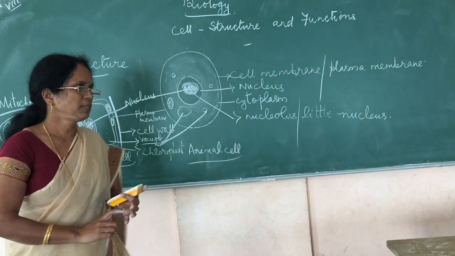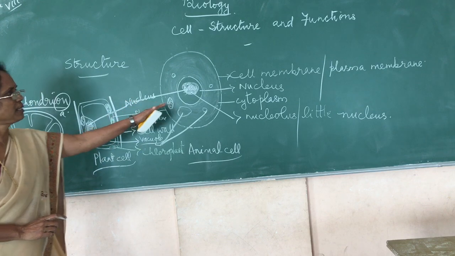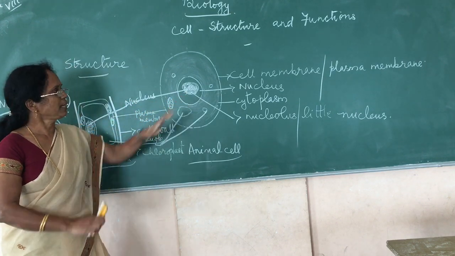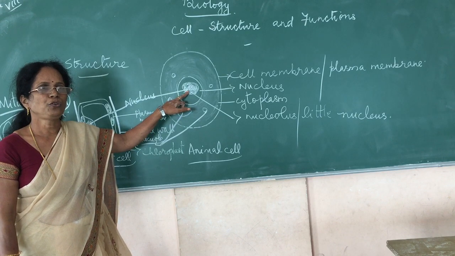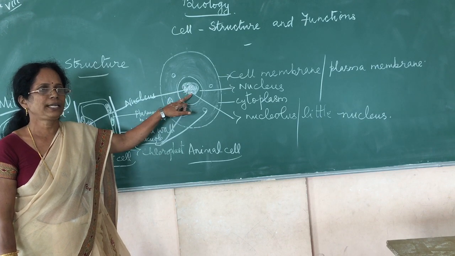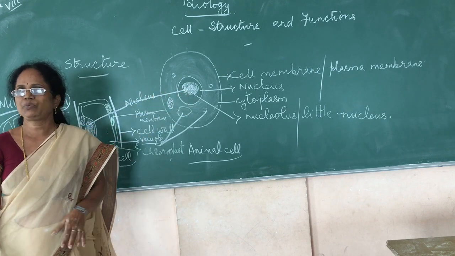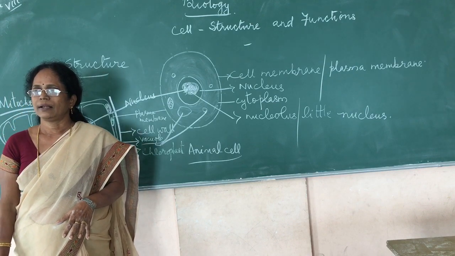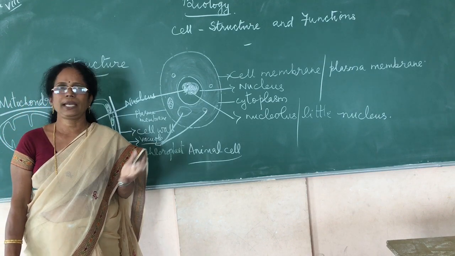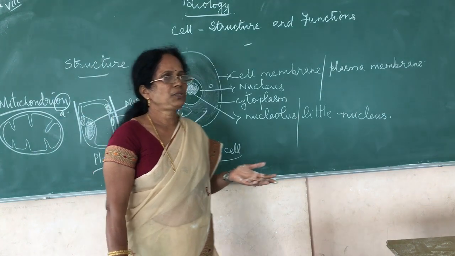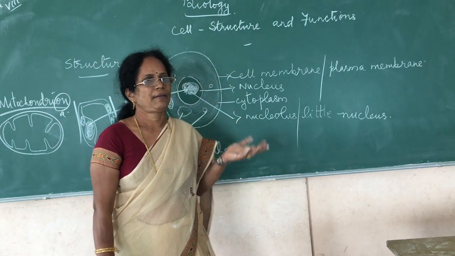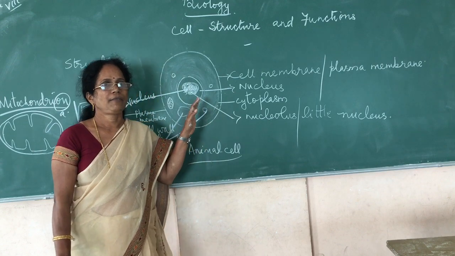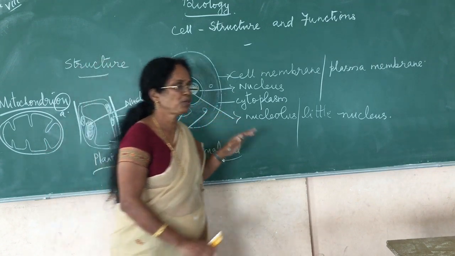Now you have studied about the nucleus. See here, in the nucleus there is a part called the nucleolus, a little nucleus. This helps in transferring the genes which are present in the chromosomes.